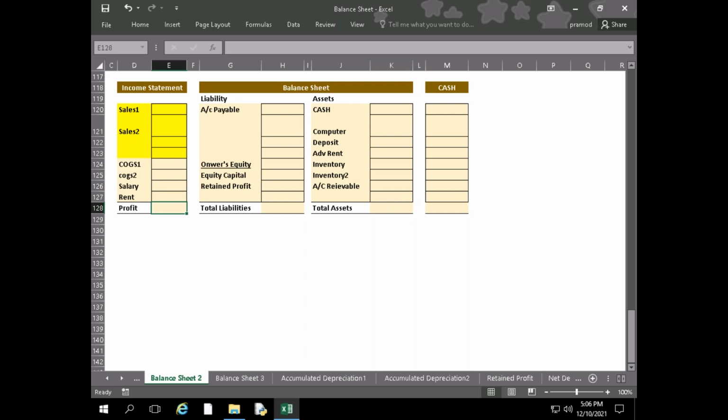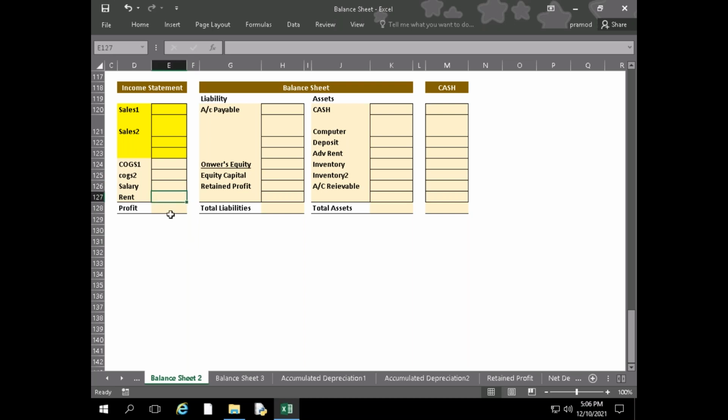Whatever cash is going out from the business will always be negative. It is operating expenditure, OPEX, in the income statement. Okay, sir. Then we have to minus the advance rent as well as this normal rent from the income statement also, no, sir.